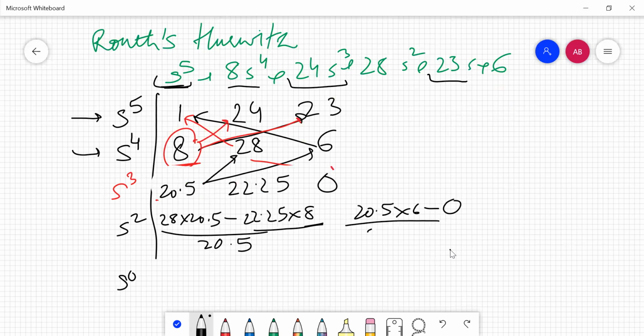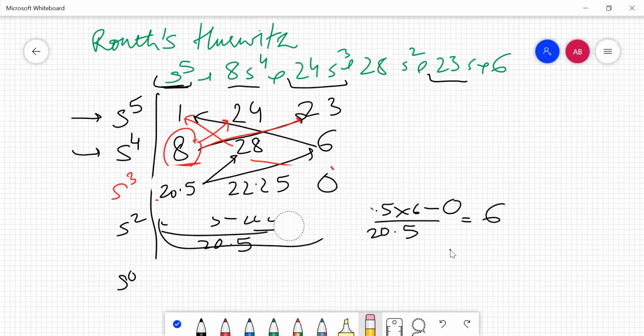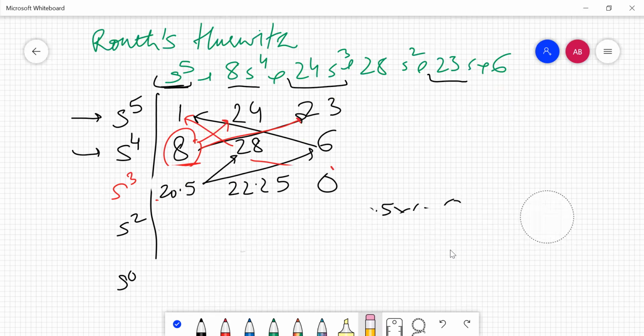So minus 0 divided by 20.5 will make it equal to 6. So you need to calculate the value, let me just rub here and write the elements beneath that column only. So this is coming out to be 19.32 and it was 6.